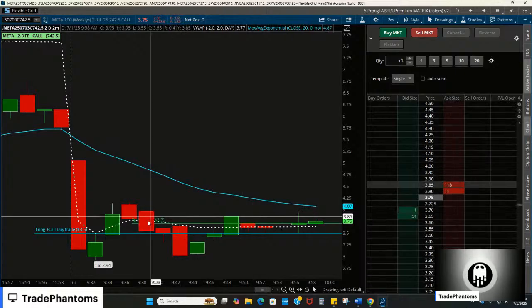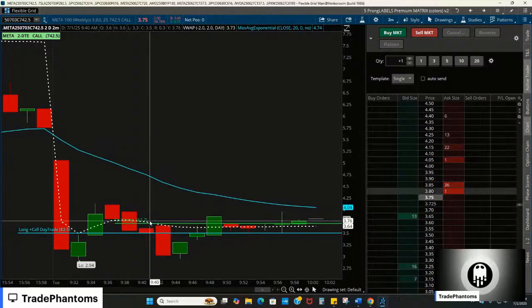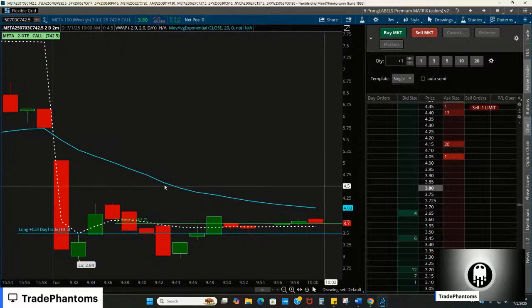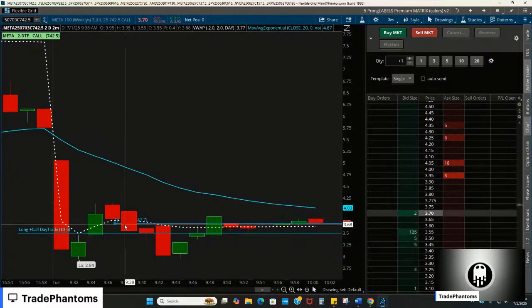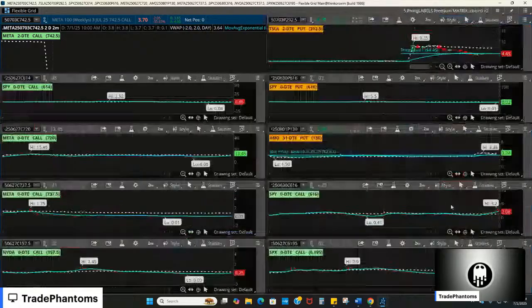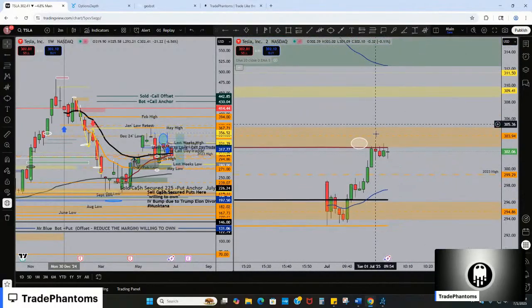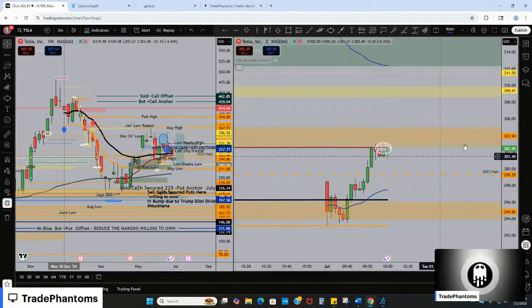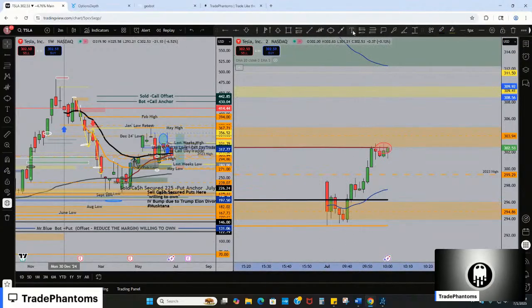All right, news is out or coming out. Let's see if this thing moves anything here. Long Meta, picked up a little bit of some puts on Tesla here. Light.